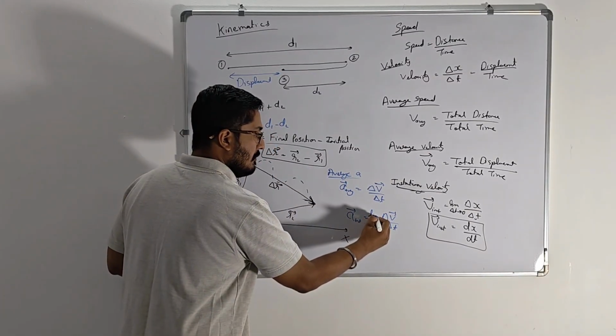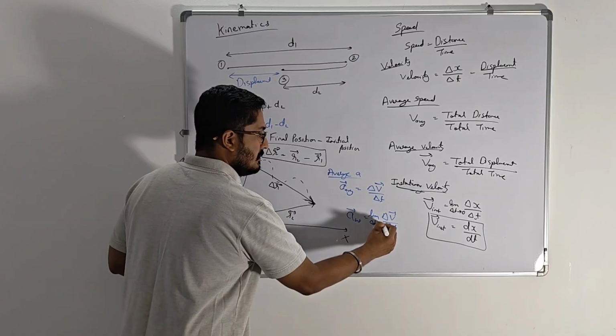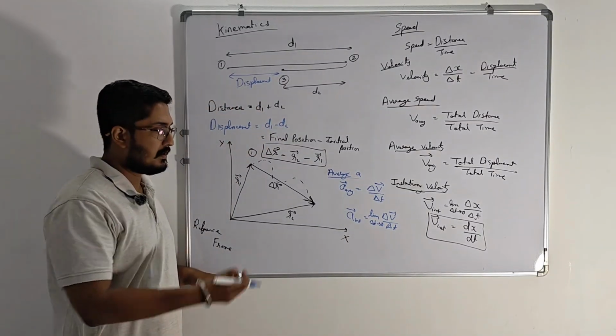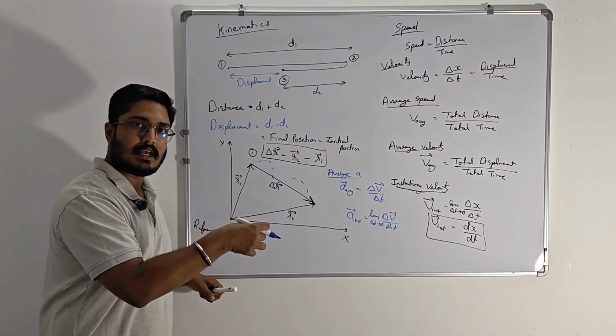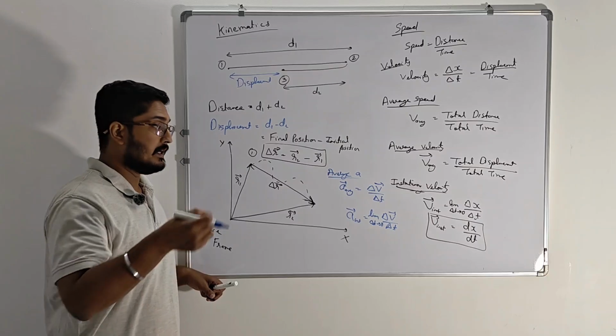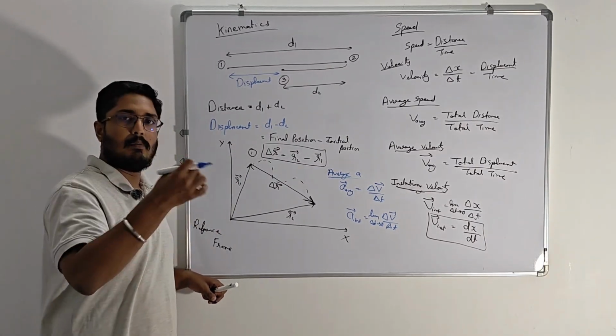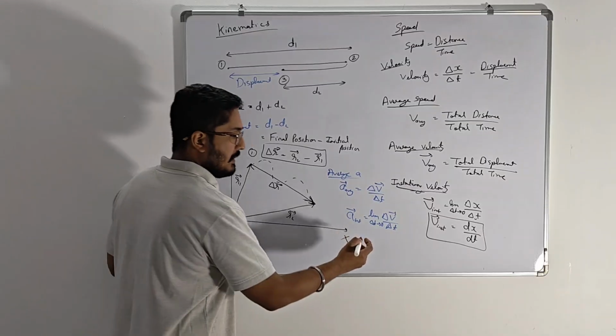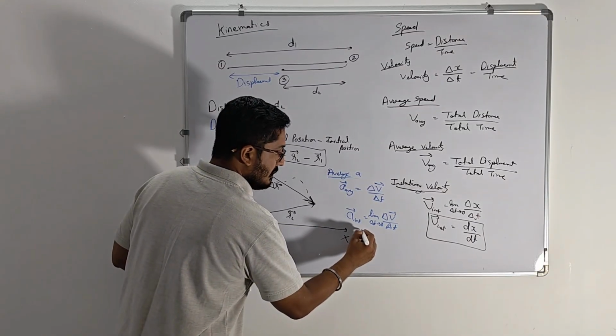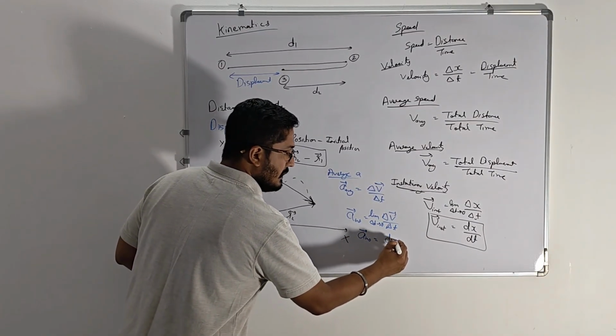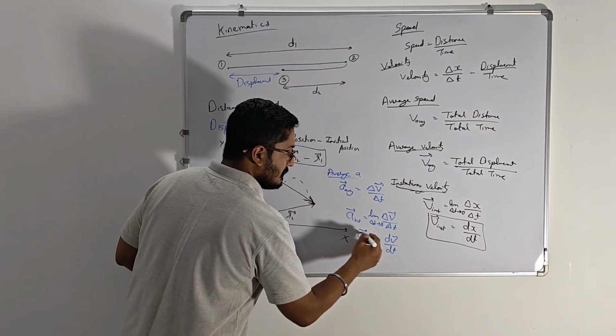So that means limit again delta T tends to 0. That means the time interval for which I am measuring this acceleration should be very, very small. In that case, what I get would be the acceleration at that moment. And this will be converted to A instantaneous equals dV by dt. As simple as that.